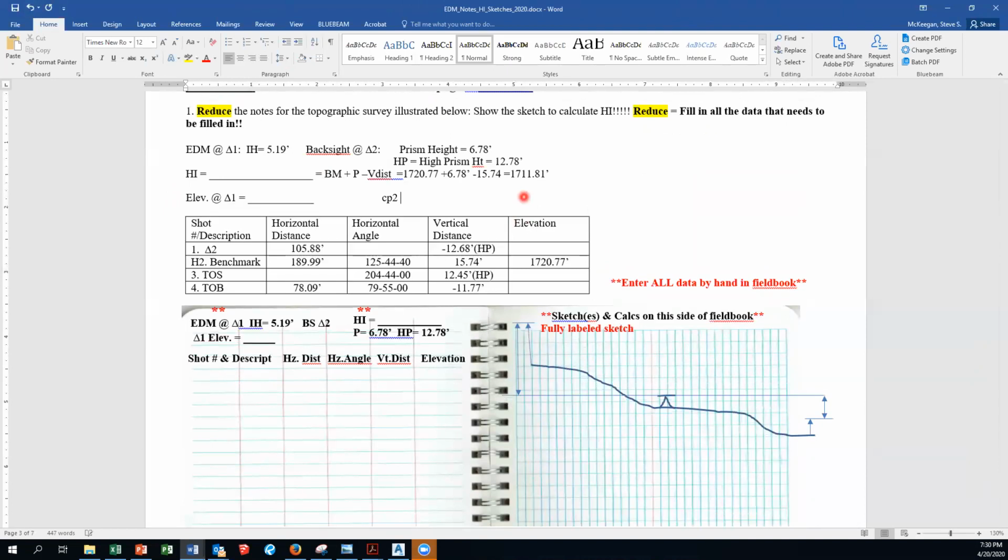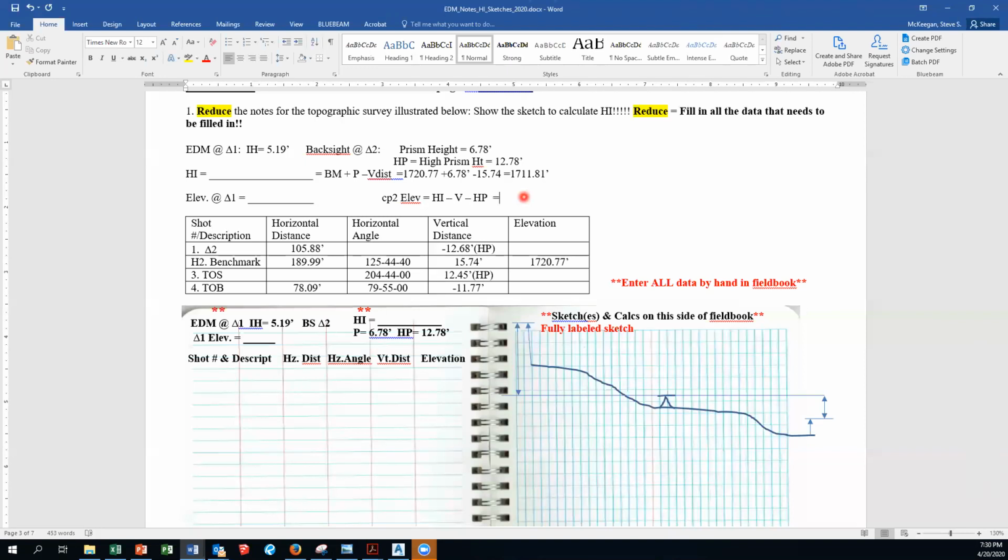CP2, delta 2, elevation is equal to the HI, which I know, minus the vertical distance, minus the prism height, but it's a high prism.